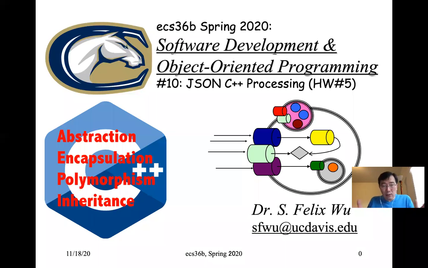At that time, we wrote a separate function to do this translation. That works, but it's kind of messy because we put a lot of consideration into a single function. Essentially, we go through each element in the JSON and decide, at this time I need to create this C++ object, at this time I need to set this value.